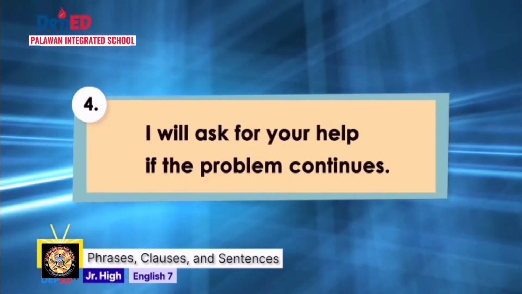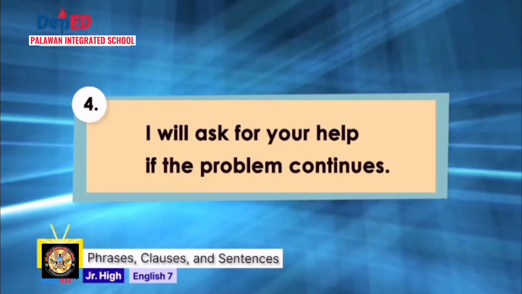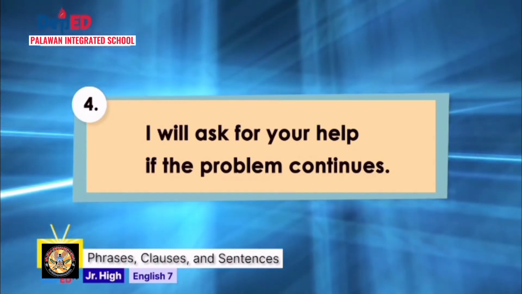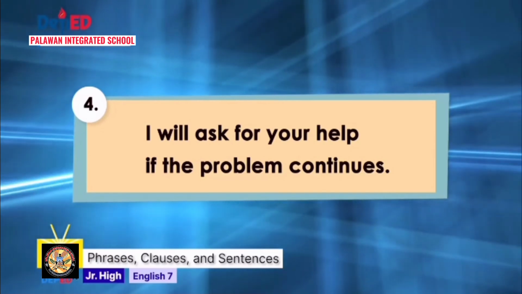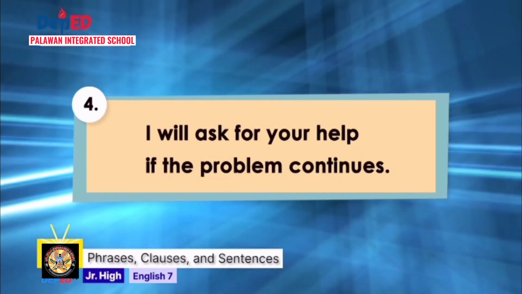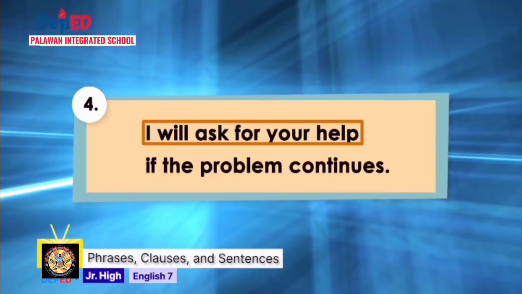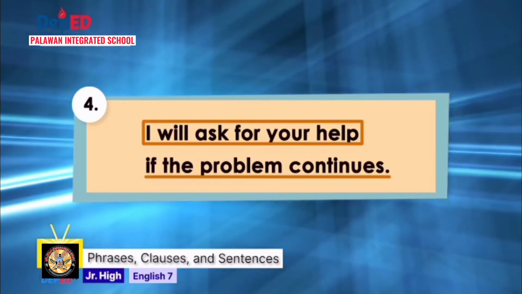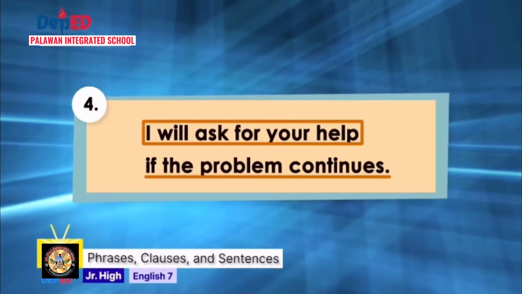Number 4. I will ask for your help if the problem continues. The independent clause is I will ask for your help. The dependent clause is if the problem continues.